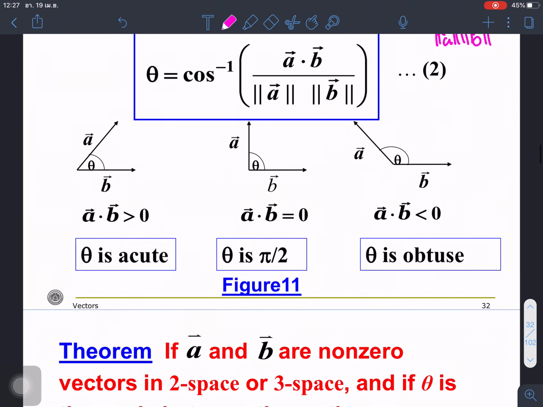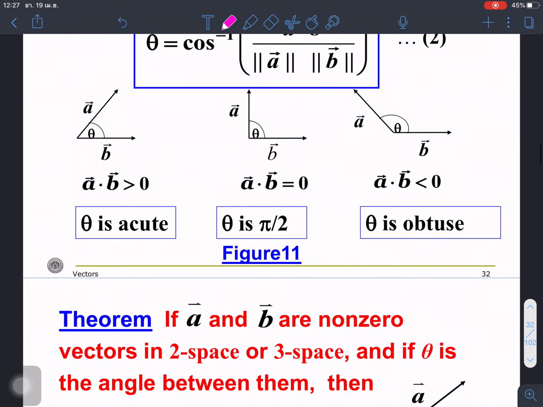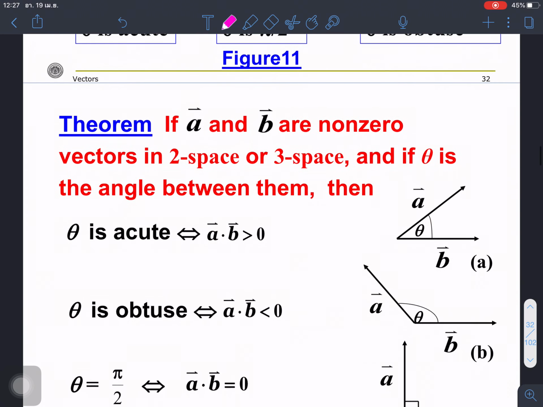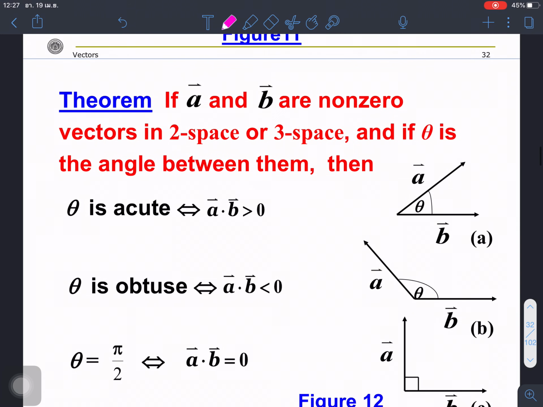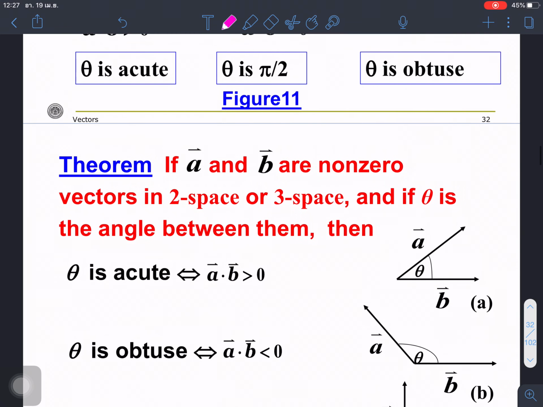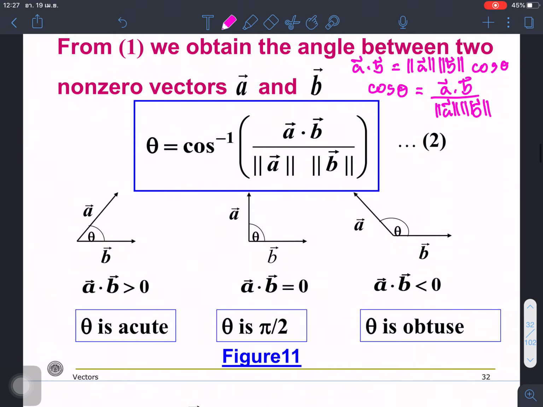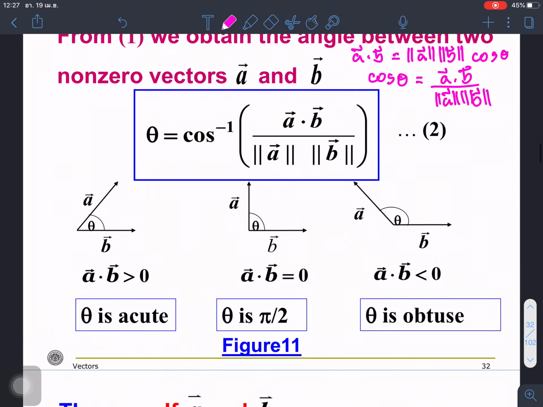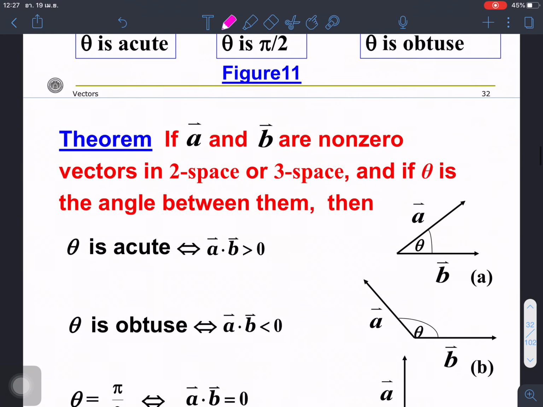So we have three cases here, and we want to classify the angle. This is the theorem for the classification. Theta is acute if and only if A dot B is positive. When the dot product is positive, cosine is going to be positive, and if cosine is positive, theta has to be in the first quadrant.